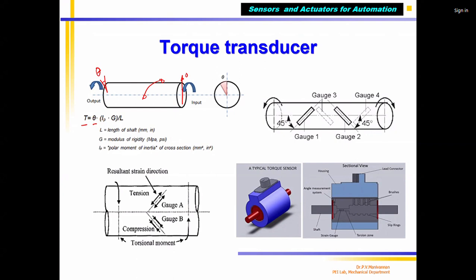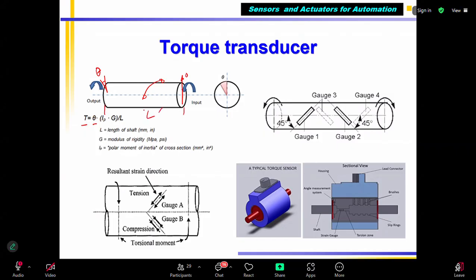Theta, how much twisting there is on the load side with respect to the input side, multiplied by IP into G divided by L, where L is the length of the shaft. G is the modulus of rigidity in megapascals or PSI, depending upon the unit. The length is in mm or inches, depending upon whether US or metric units.